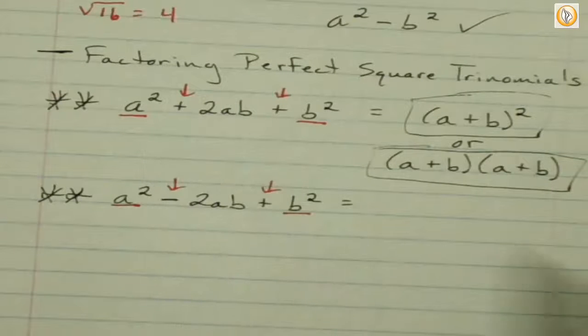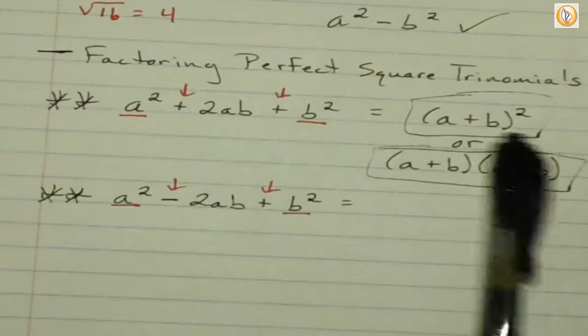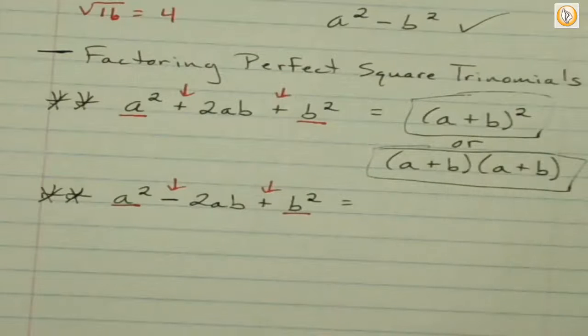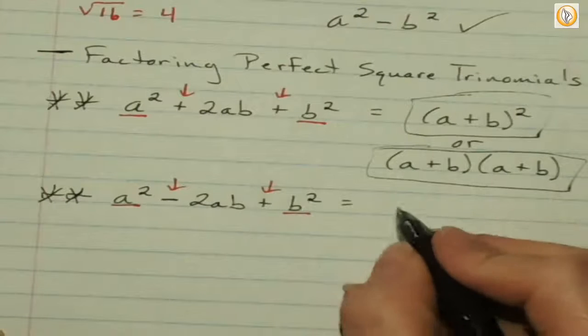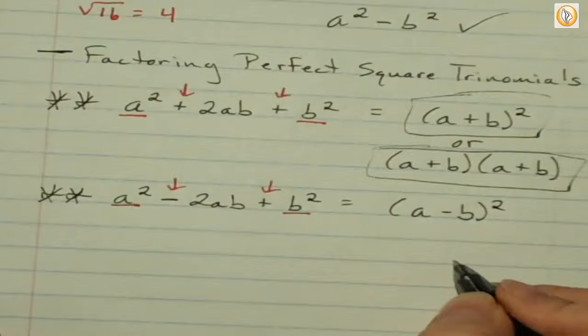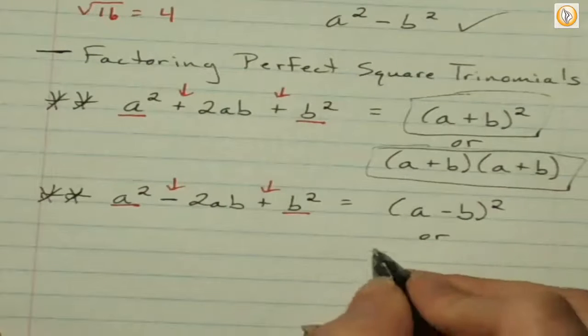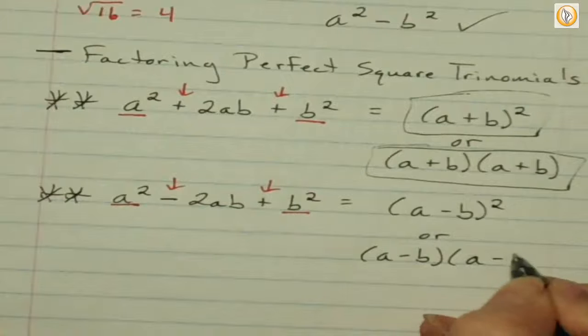So if both are plus and both are perfect squares, double in the middle, you see that it's a plus b squared. If you have a minus and a plus, then it's a minus b squared. Or a minus b times a minus b.